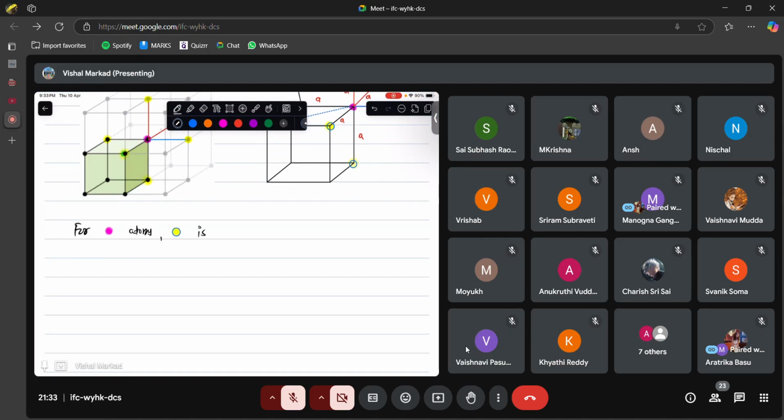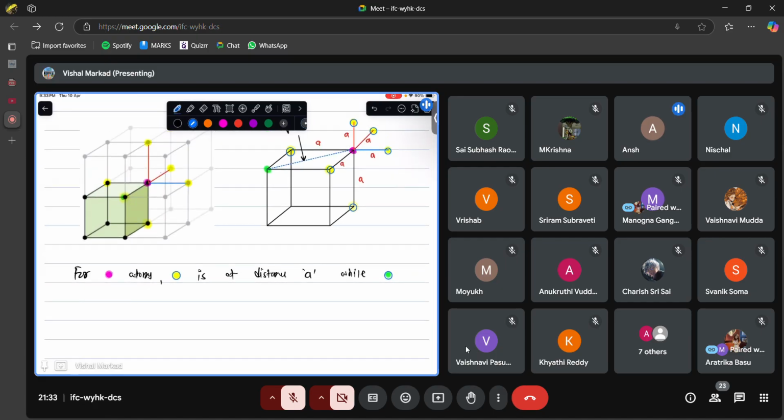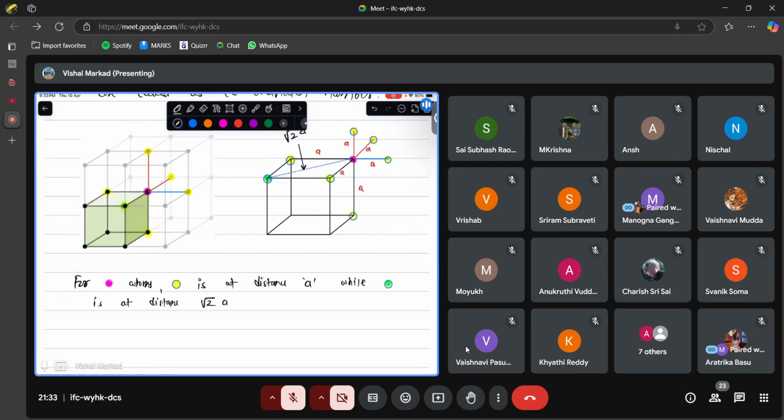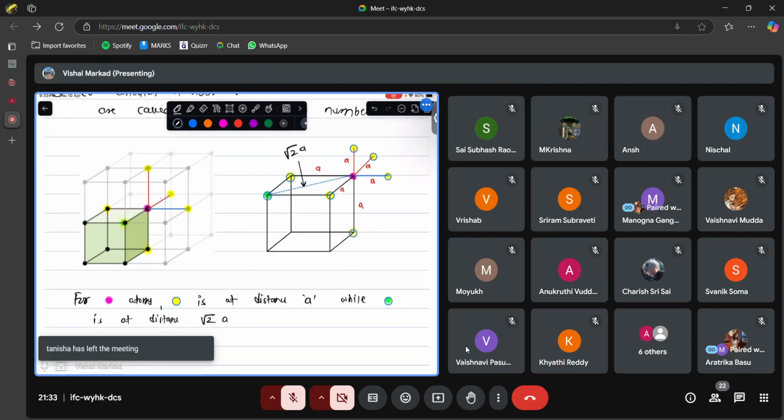A. Yellow ones are at distance A. One thing, another one we put, right? Which one we put here? Green one. What is the distance for the green one? I said root 2, right? While the green one is at distance root 2a, right?